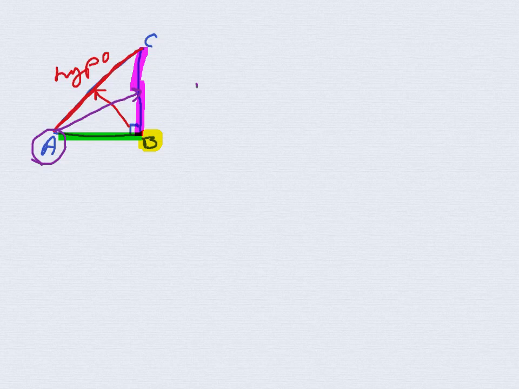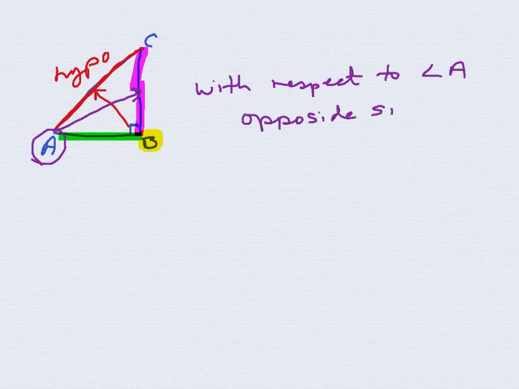So the side that's across from angle A is called the opposite. So I'm at angle A right now and I'm comparing my two sides. With respect to angle A, the opposite side is side BC. And you want to keep your letters in alphabetical order always.